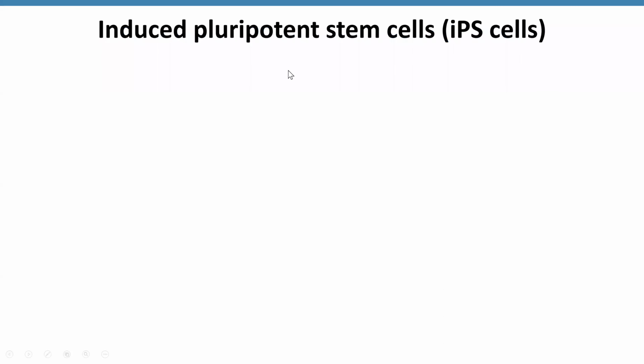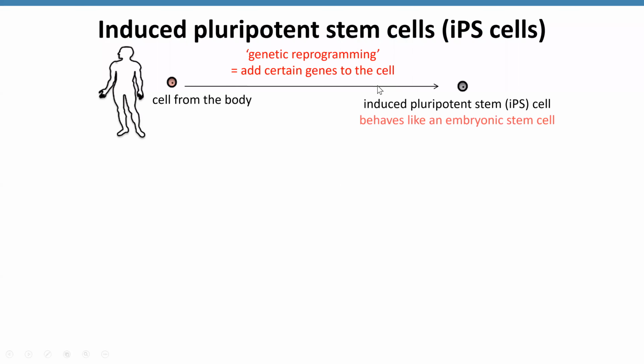So another type of stem cells are induced pluripotent stem cells. So how do we get induced pluripotent stem cells? Cells from the body will be genetically reprogrammed.